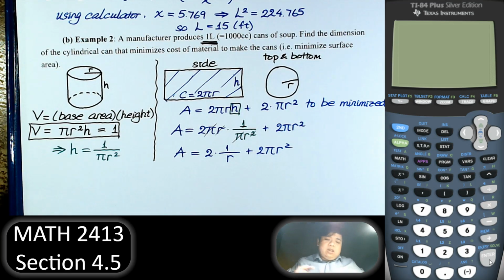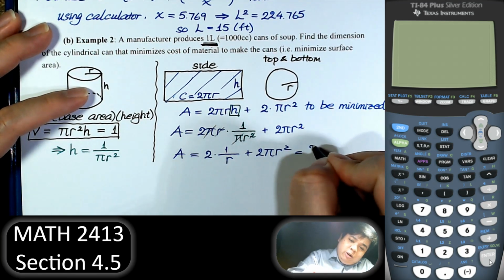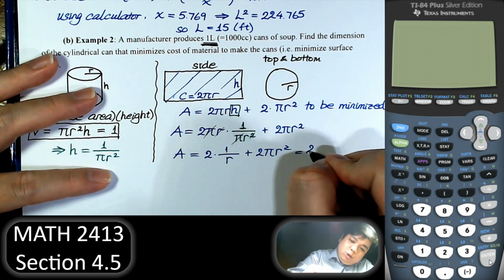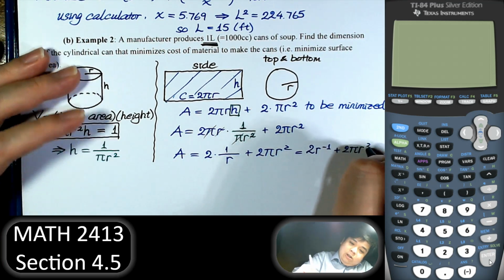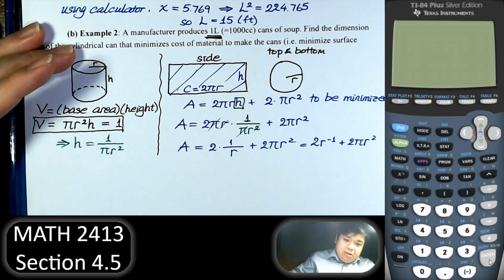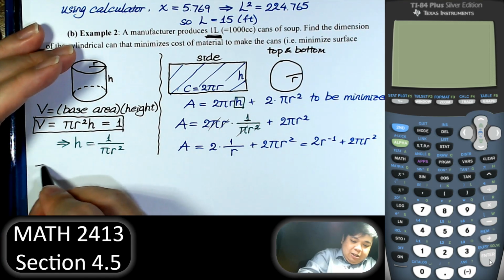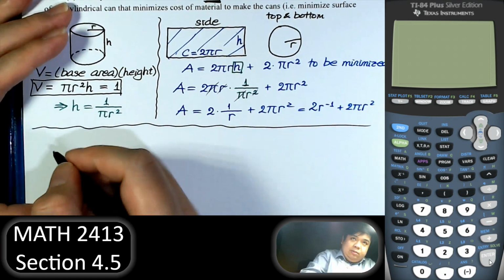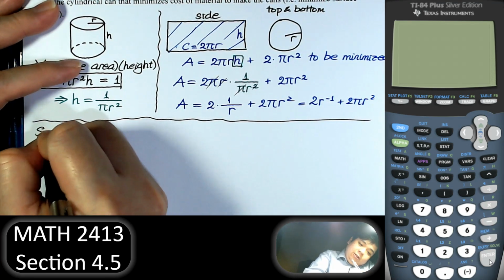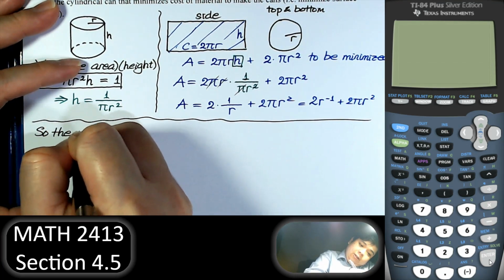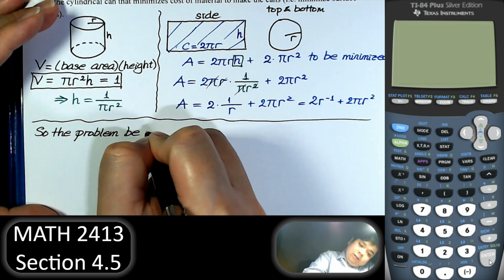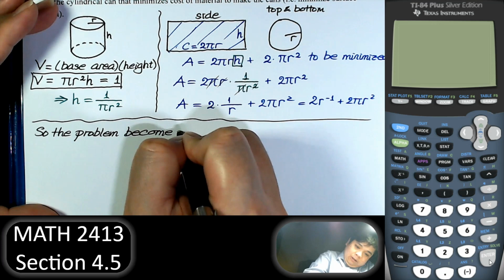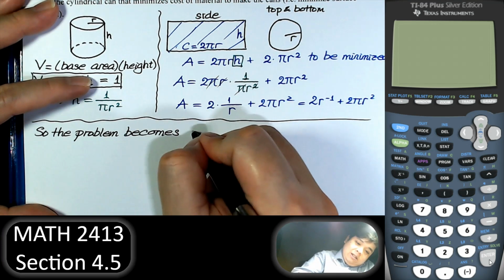So I put that together, because you have 2 over r, I just write 2r to the negative 1 plus 2 pi r squared. Right. So our problem becomes, we want to minimize this.